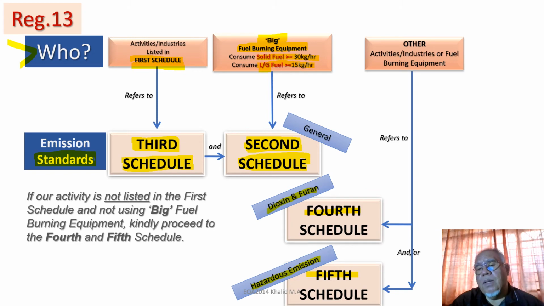But coming back to this law, I hope you are able to comprehend the fact that it is a double standard. Certain industries are grouped as first schedule, certain others are not. Why is it like that? Simple reason. Most of the industries in the first schedule, if you look carefully, are well organized, huge, big, and normally they occupy gazetted, heavy industrial areas.